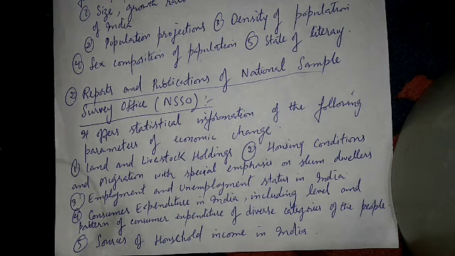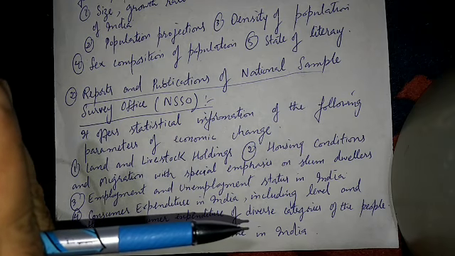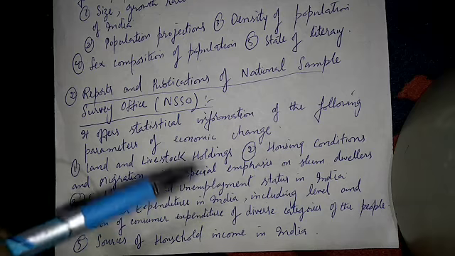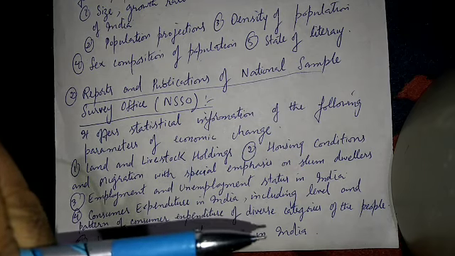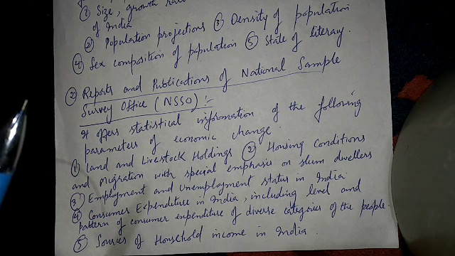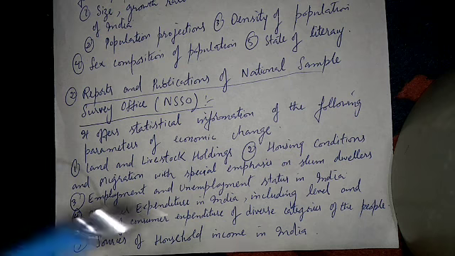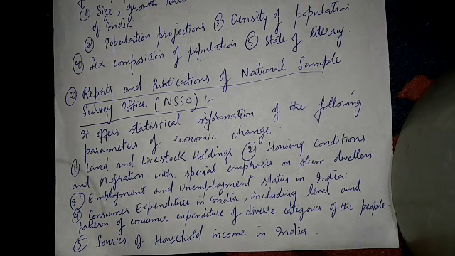For example, the 69th round of NSSO survey, that was in July-December 2012, was on drinking water, sanitation, hygiene, housing conditions, and slum conditions.